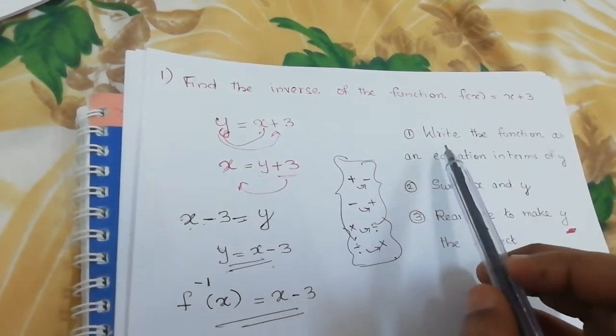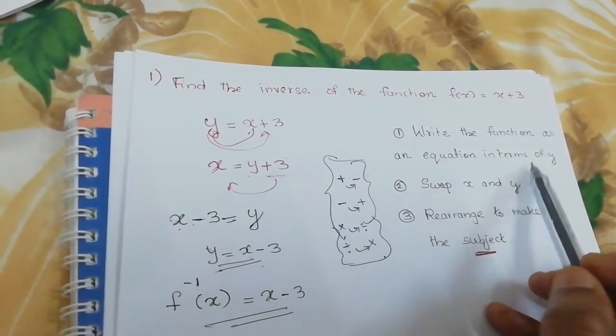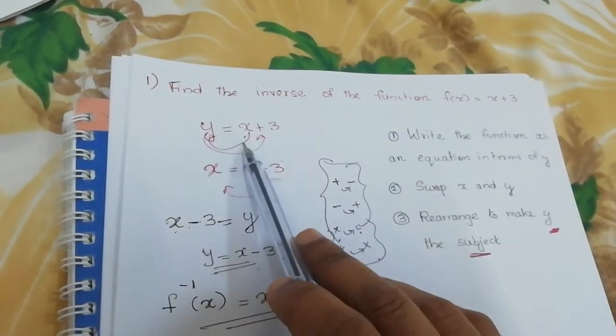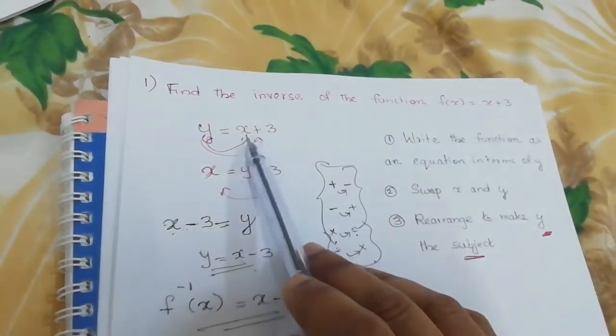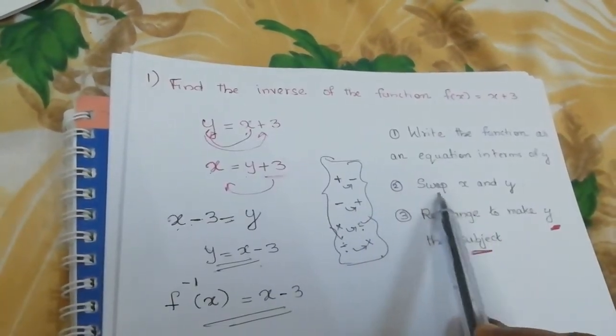So the function was x plus 3, and you have to find the inverse of the function. The first step is to write the function as an equation in terms of y, which means just changing f of x to y equals the same form. The second step is to swap x and y.